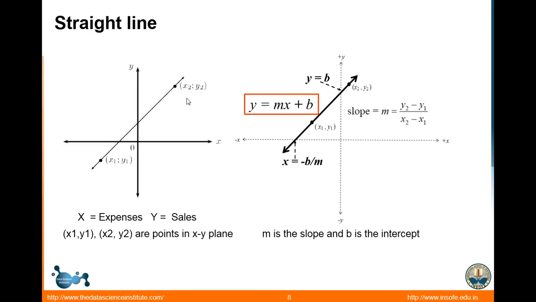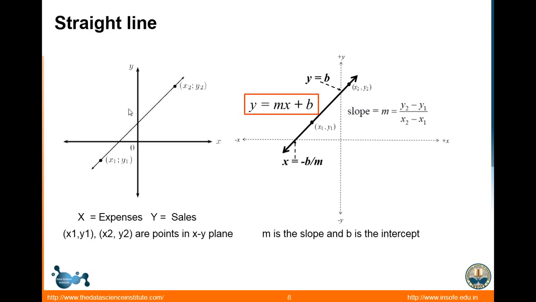Now once we create the straight line between 2 points, we have two characteristics that can define the straight line. One is at what point the line is going to cut the y-axis. So this particular line is cutting the y-axis at this point. The other is the trend of the line: is it a positive trend or a negative trend?